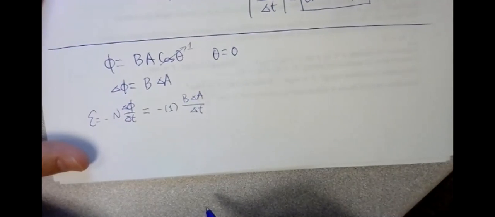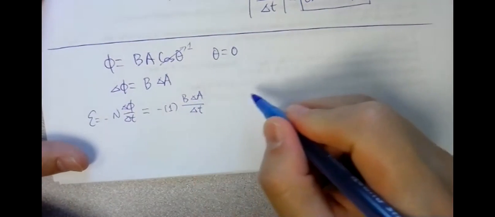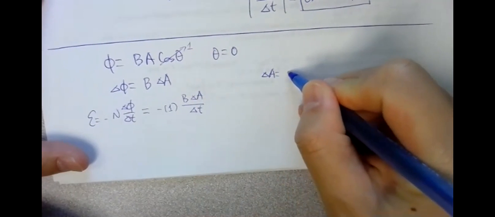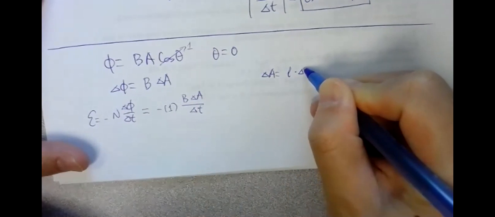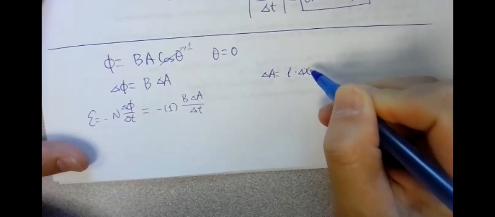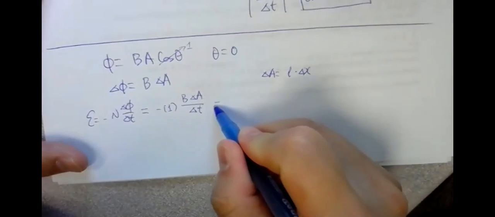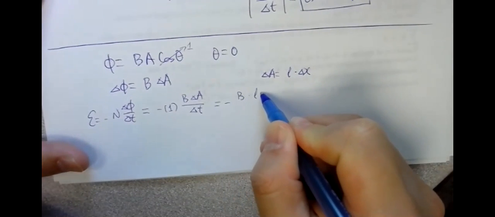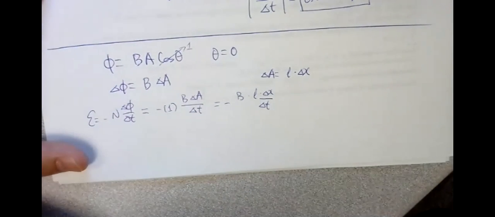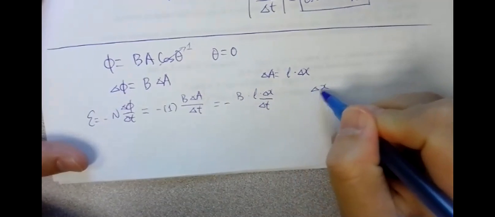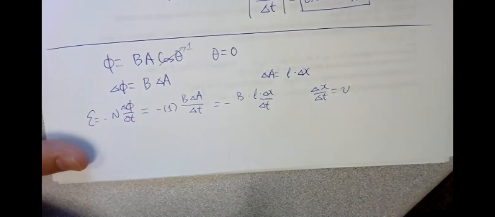B is not changing. Delta A is equal to the length of the rod L times the distance moved by the rod, which we call delta x. So this is equal to minus B times L times delta x divided by delta t. Delta x divided by delta t gives you the speed at which the rod is moving.